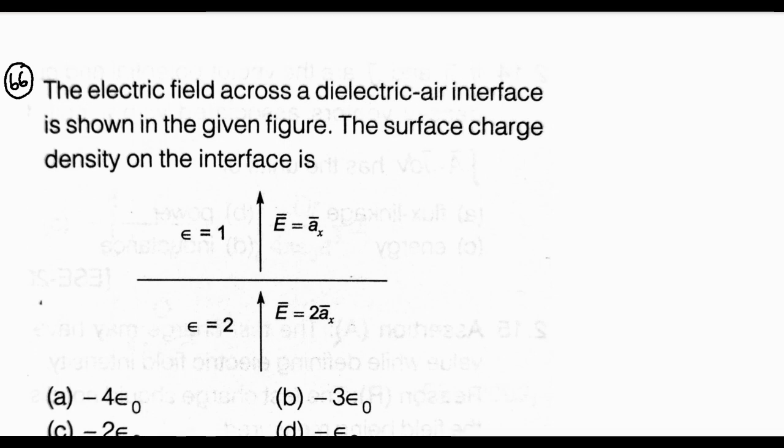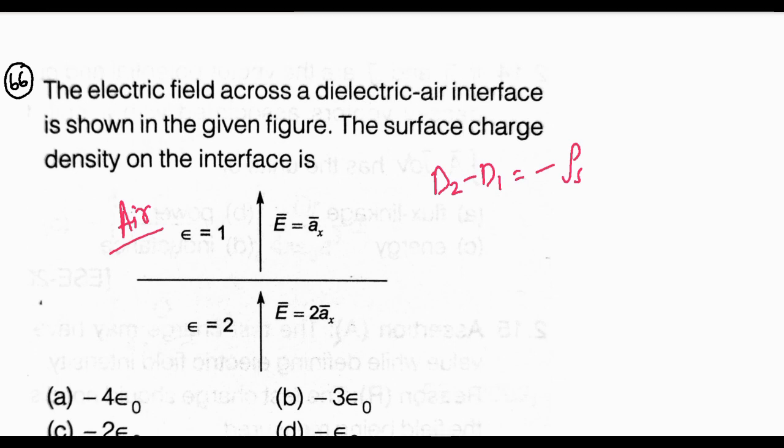So here this is the air medium, because epsilon is equal to 1, and this is some dielectric medium having dielectric constant equal to 2. According to the boundary condition for electric field, we can write D2 minus D1 is equal to rho s, where rho s is the surface charge density.